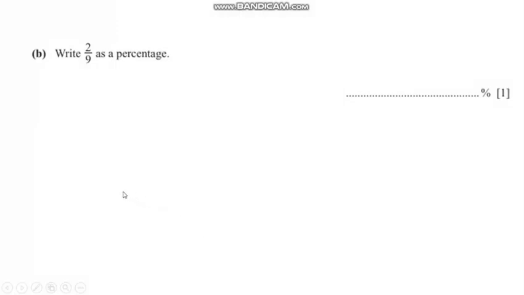We now come to our question B. Our question B reads, write 2/9 as a percentage. So in order for us to write 2/9 as a percentage, we are going to write equal to, and we are going to write 2/9. So since we want to write 2/9 as a percentage, we are going to multiply it with 100%.